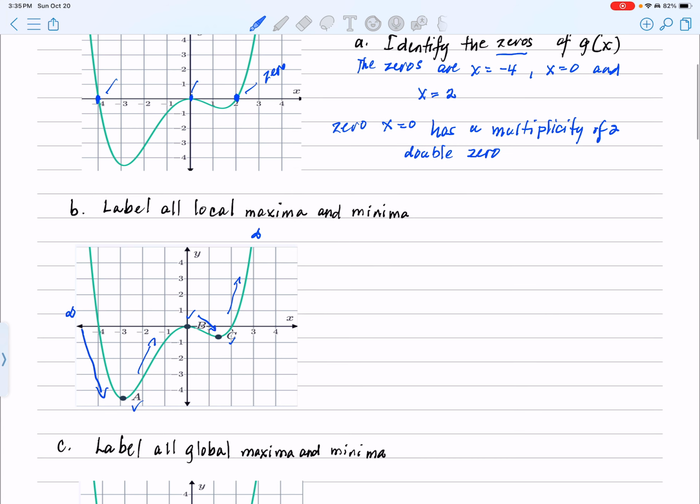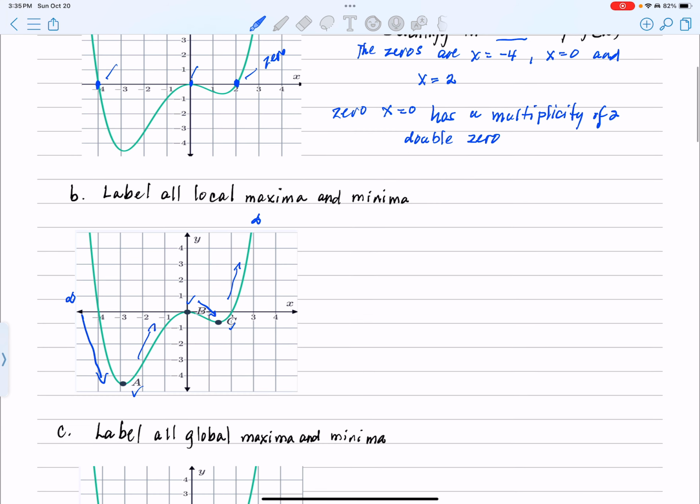Okay. Label all the maxima and minima. So local maxima and minima are the turning points of the graph, as I said. Okay, I will write it down again. Local maxima and minima are the turning points of the graph.